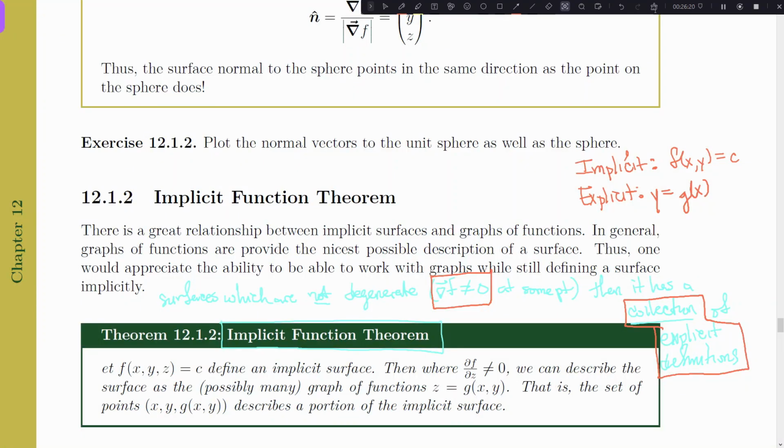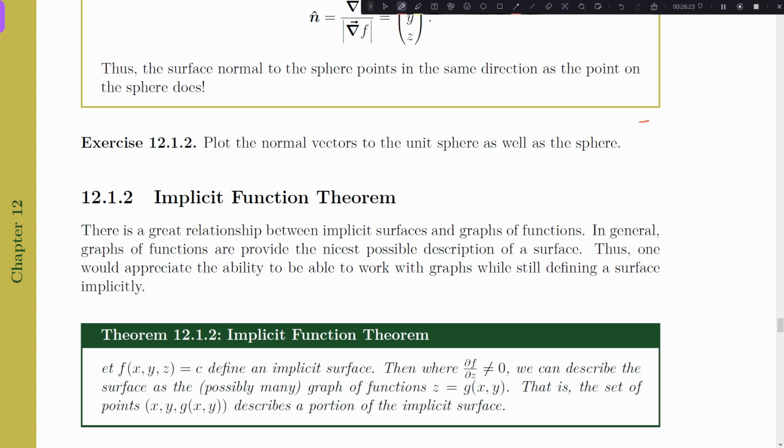So what's a really nice example of this? If we think about our unit circle, then note the gradient here, which would be 2x, 2y, is not equal to 0 for any x, y on the unit circle.